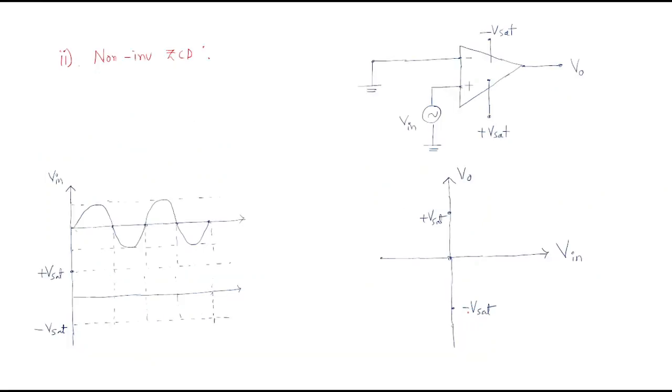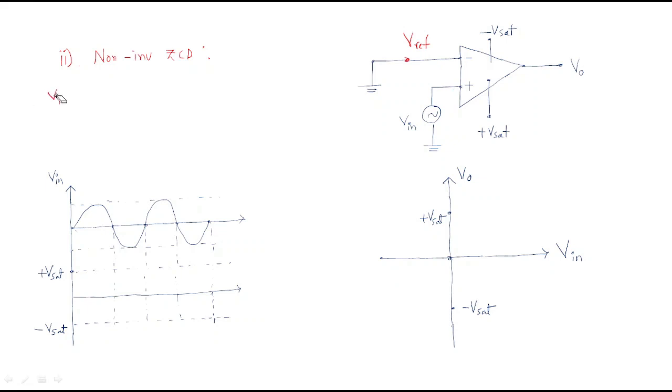The next is the non-inverting zero crossing detector. Here, non-inverting means the input value is given to the positive terminal and the reference voltage is 0. Now we are giving the input directly to the non-inverting, that means the positive side.